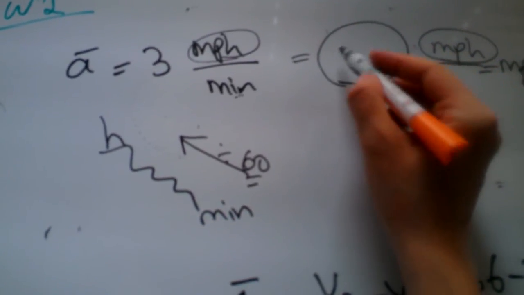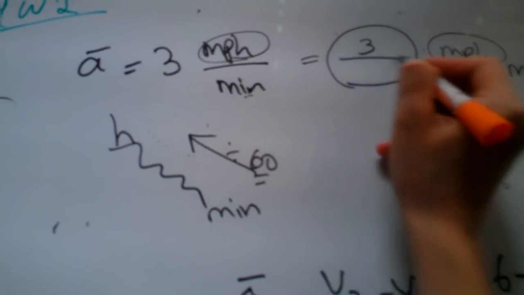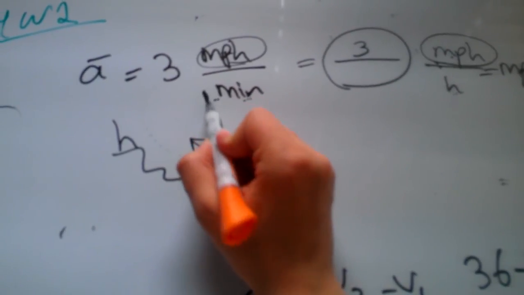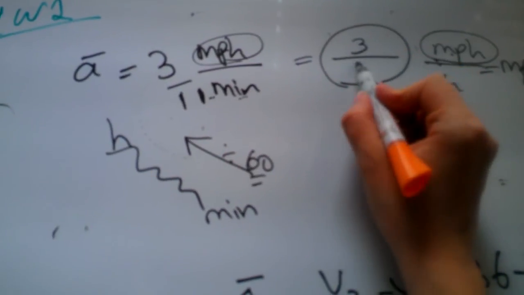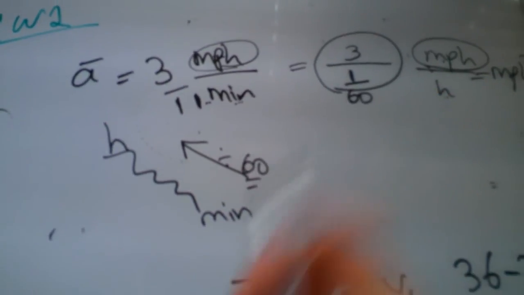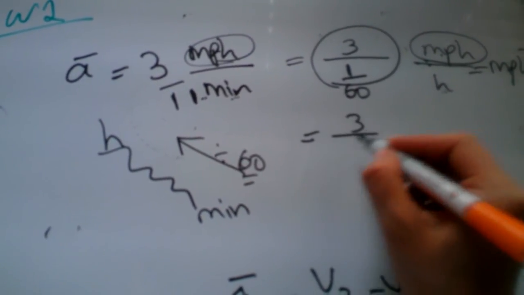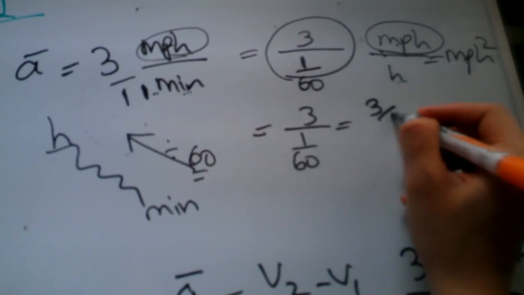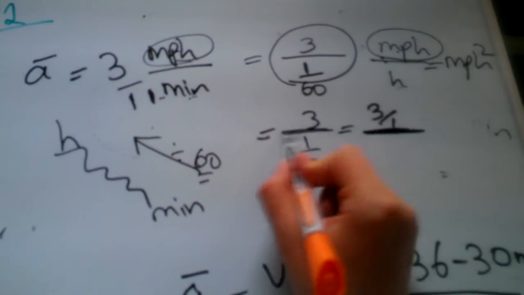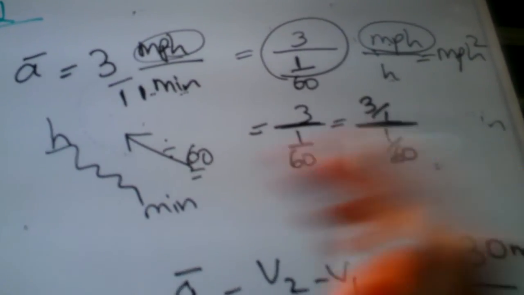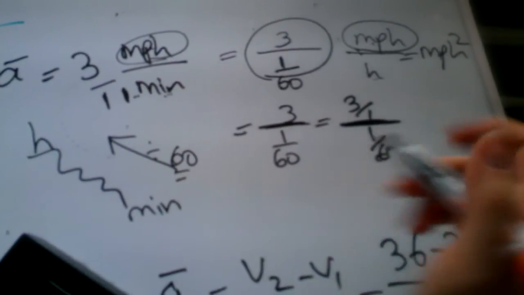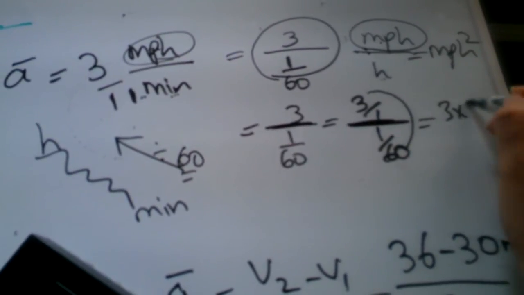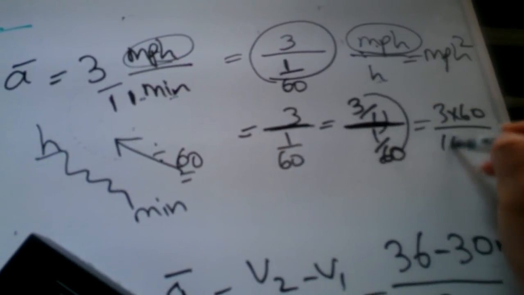That is 3 over 1 times 60 over 1, which is 3 times 60 over 1 times 1.